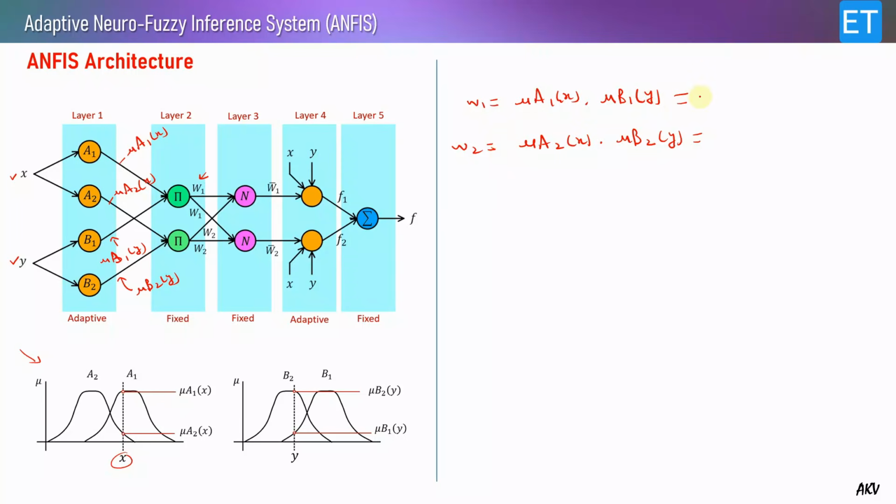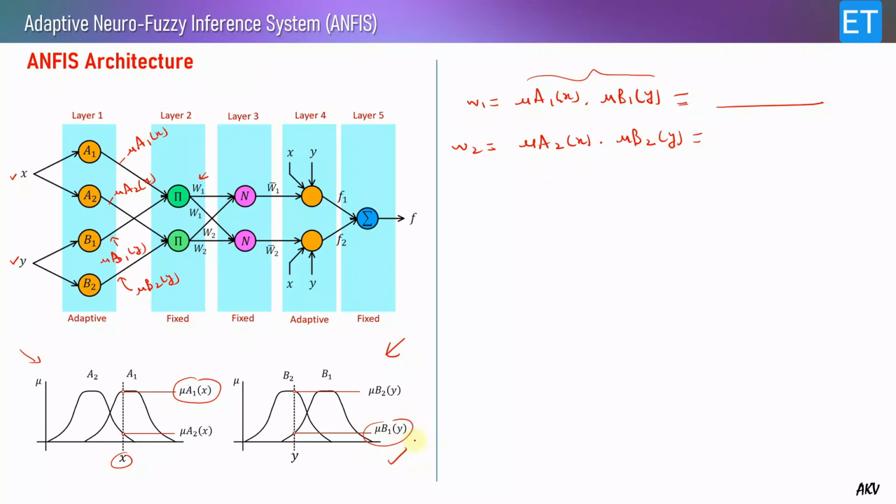So now what I should write here as equivalent to W1. As I said in the previous slide that this operation is the AND operation. Okay, so I will take the minimum out of these two. So just go to this figure and compare mu a1x and mu b1y. So mu a1x is this and mu b1y is this. So which one is minimum?